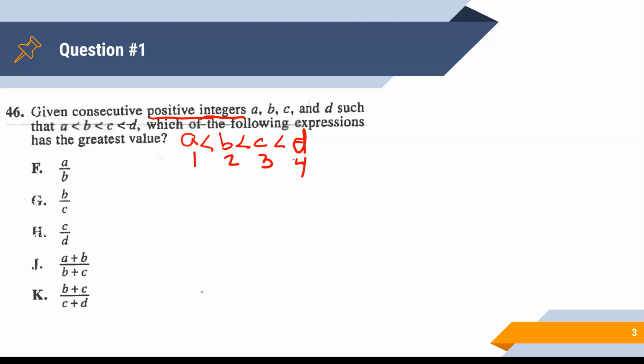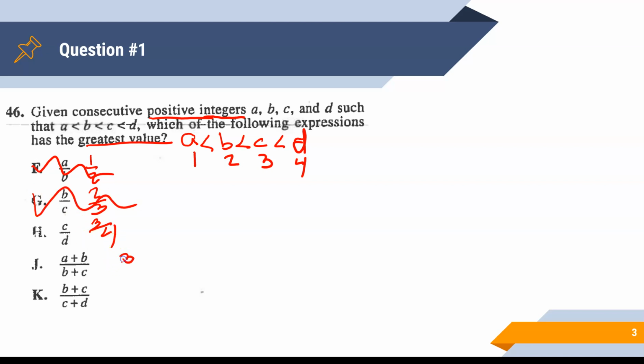Those numbers do, in fact, reflect this to be true. And if I plug them in, this first fraction becomes 1/2. The second fraction becomes 2/3, which is, again, greater than 1/2, so we know it's not F. C over D becomes 3/4, which is bigger than choice G.